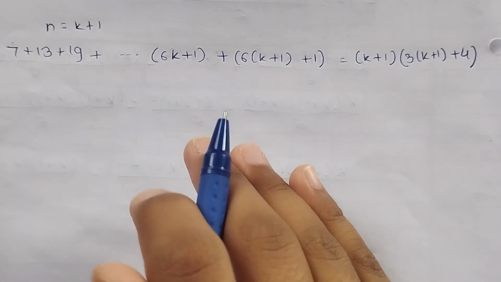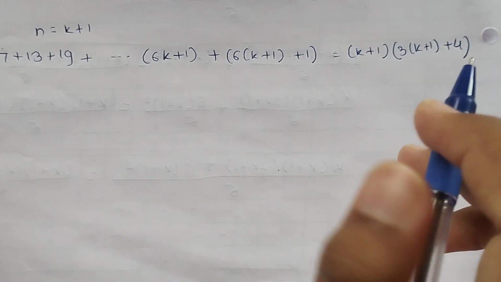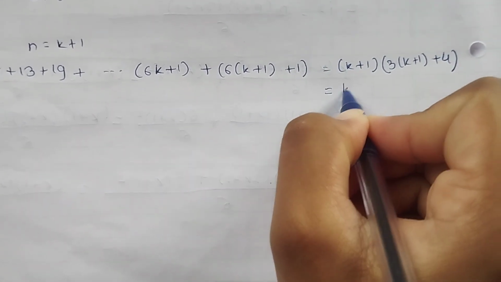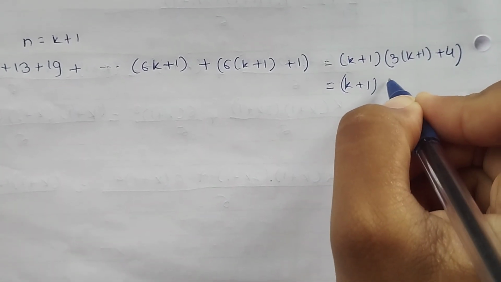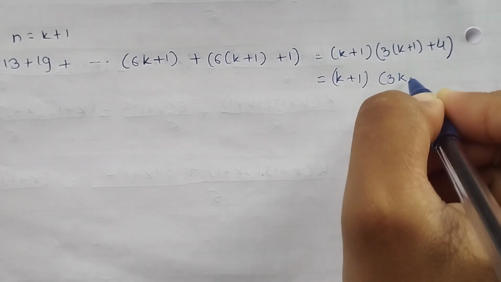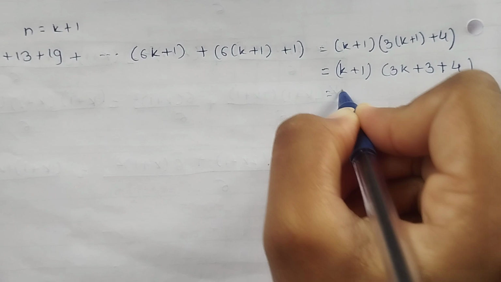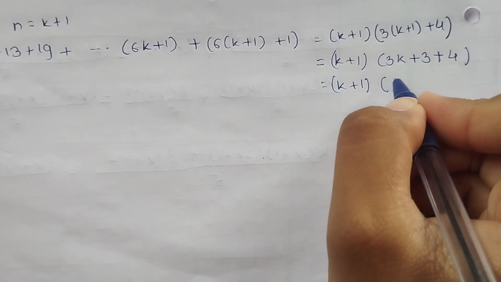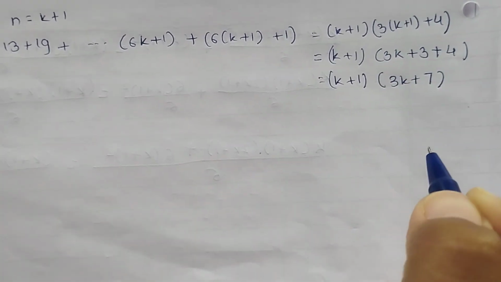Now we solve this equation step by step. So we solve the RHS first. So this is k plus 1 into 3 into k, 3k, 3 into 1, 3, plus this 4. So this k plus 1 and this one is 3k plus 7.